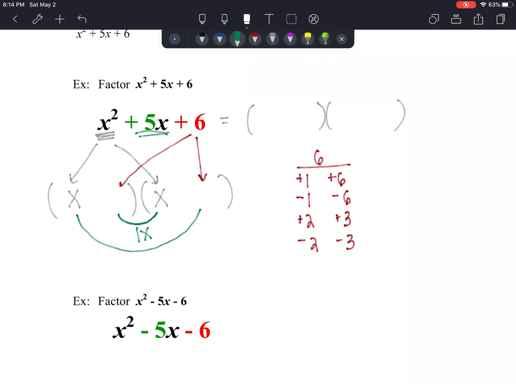Now, if I try negative 1 and negative 6, negative 1 times negative 6 is positive 6, but the outer is negative 6x, the inner is negative 1x. That adds to be negative 7x. So not only is it not the 5, but it's also the wrong sign. So I'm not going to use two negatives.